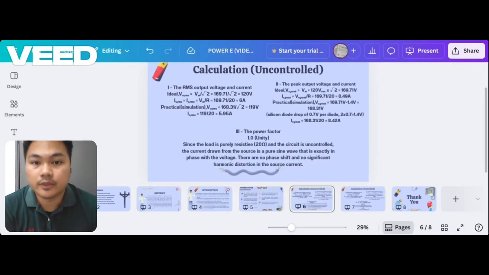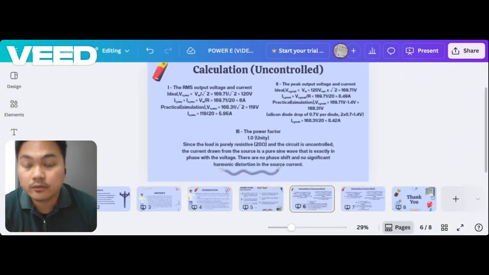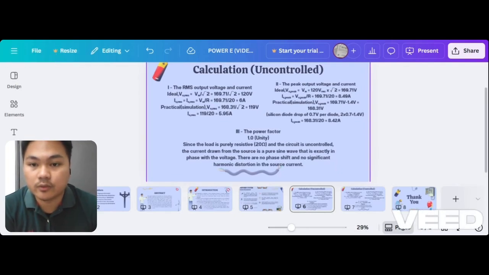For the uncontrolled rectifier, first we calculate the RMS output voltage and current. For the ideal value, V_out RMS equals Vm over square root 2, equals 169.71 over square root 2, equals 120 volt. Is RMS equals I_o RMS equals Vm over R, equals 169.71 over 20 ohm, equals 6 ampere.